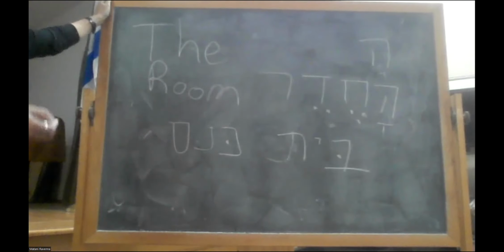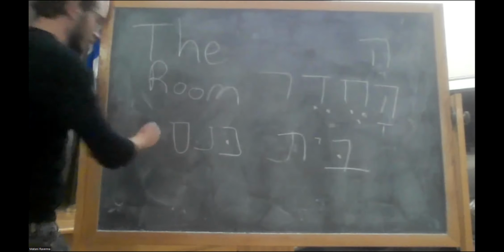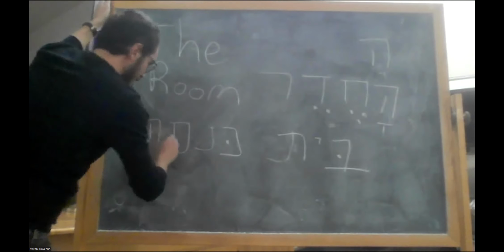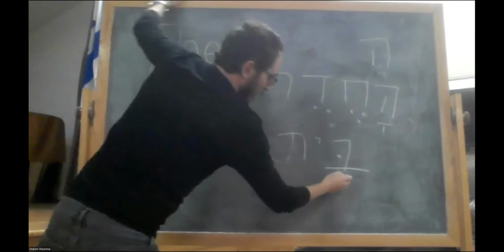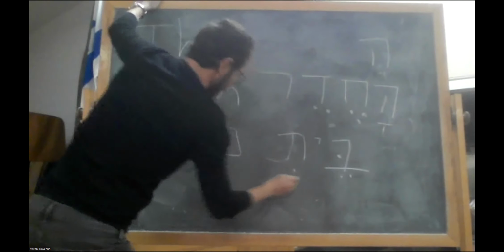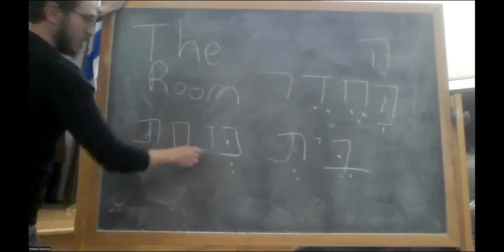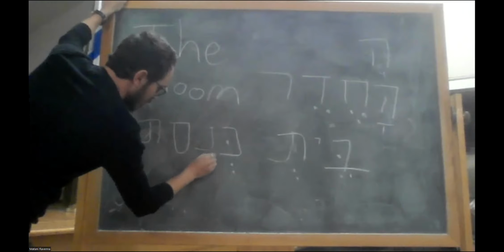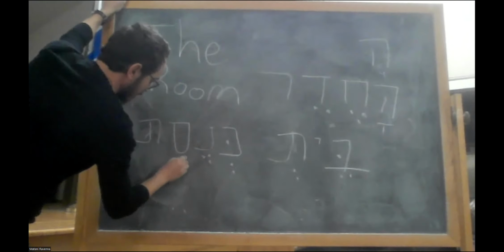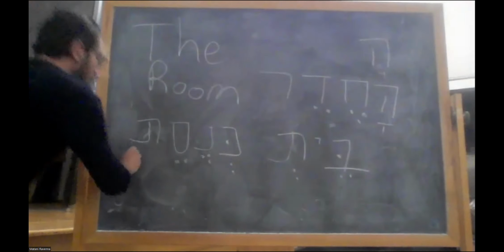It translates directly into house of gathering. We will understand it as synagogue. Emphasis, the dagesh in knesset. Synagogue, beit knesset. Let's transliterate.